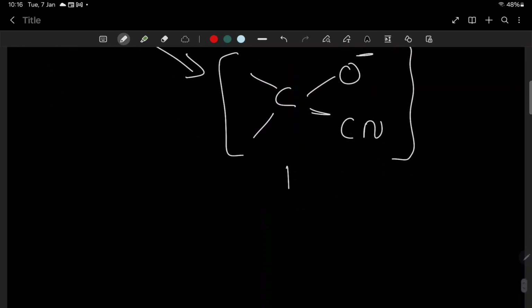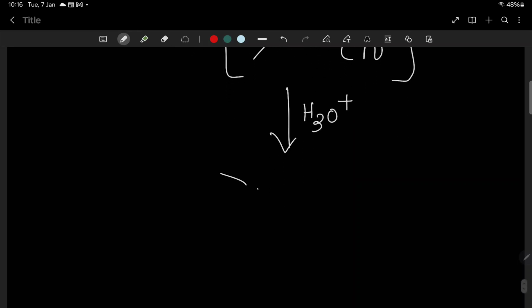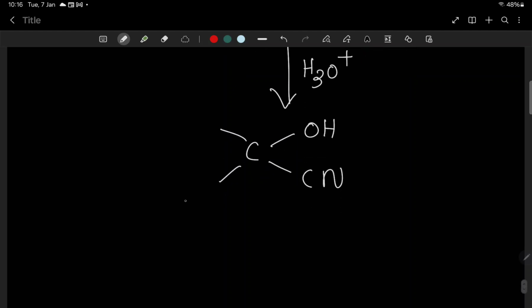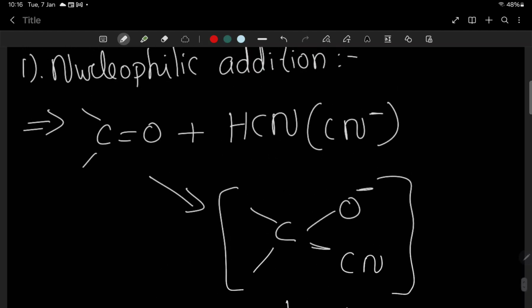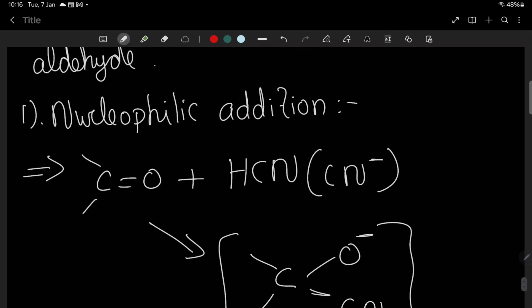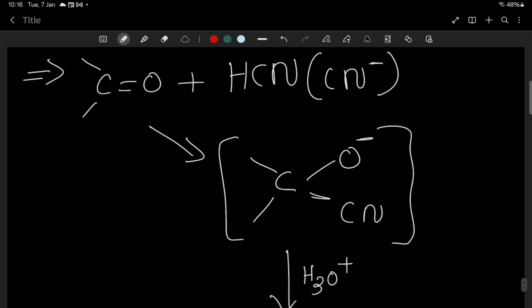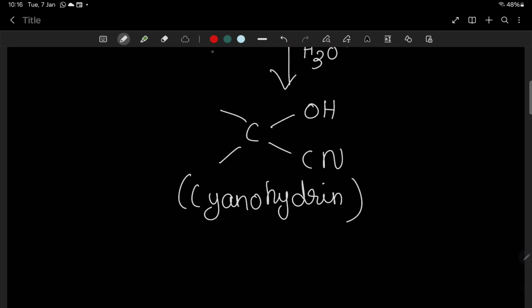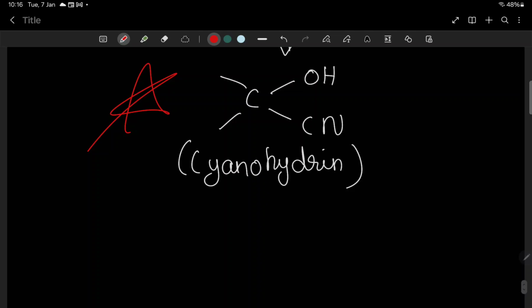Now if we hydrolyze with H3O plus, we get the compound with OH and CN. When we add HCN to an aldehyde or ketone, we get this compound, and its name is very important: cyanohydrin.